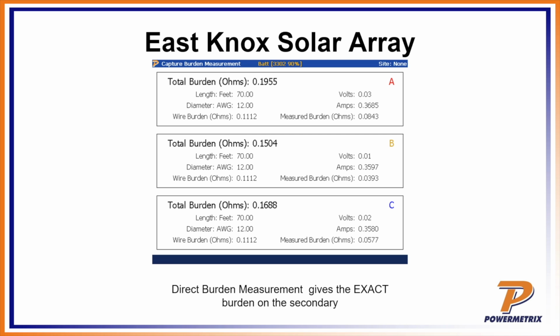It doesn't take a lot of extra resistance to get beyond the burden rating of that CT. And that could be something as simple as a connection that's come loose over time, perhaps a loose test switch. Once again, the direct burden measurement can help you find those loose connections and that extra burden that can, once again, result in loss of accuracy and loss of revenue for the utility.